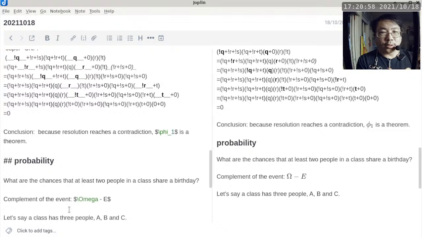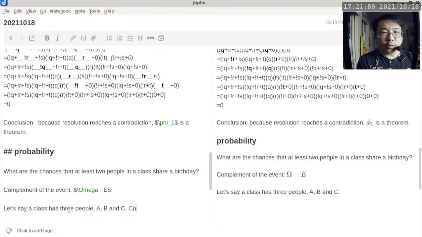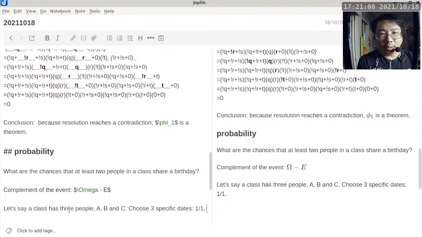So let's say we have just chosen three specific dates. January 1st, New Year's Day. Let's pick April Fool's Day. I want to pick dates that are special but not related to anything that people can argue over.